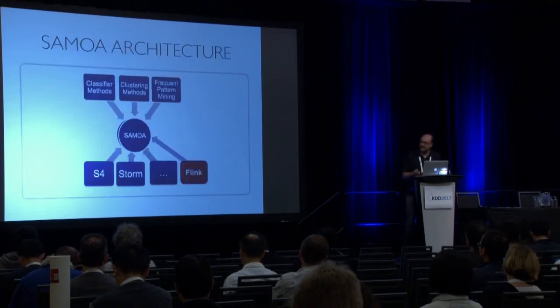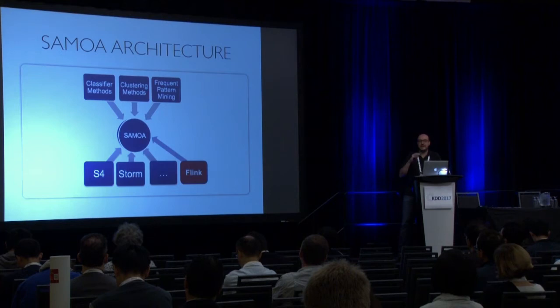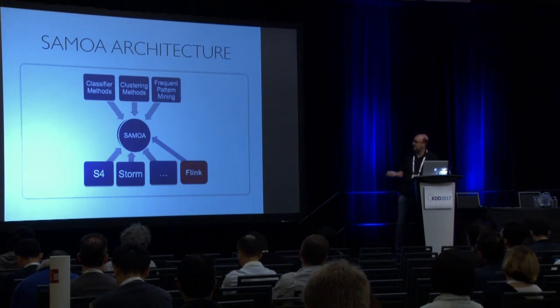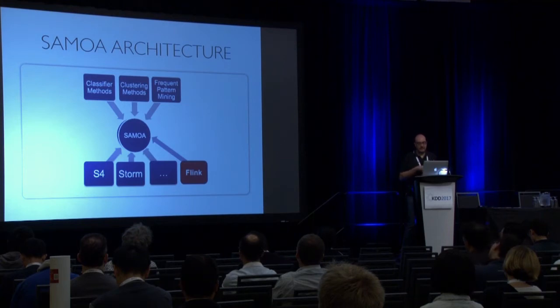So how it works: we have all of these classifier, clustering, and frequent pattern mining methods. We write these using the high-level API of Samoa. And then after that, we can decide where we deploy it. So we can deploy it in stream engines for Hadoop, in Storm, in Flink, in S4, in Samza.